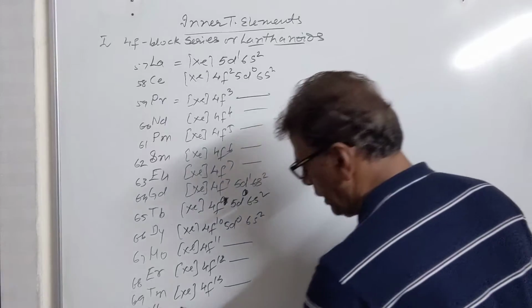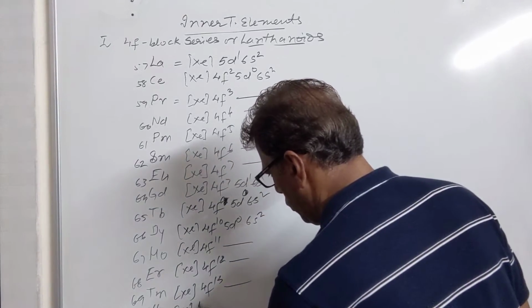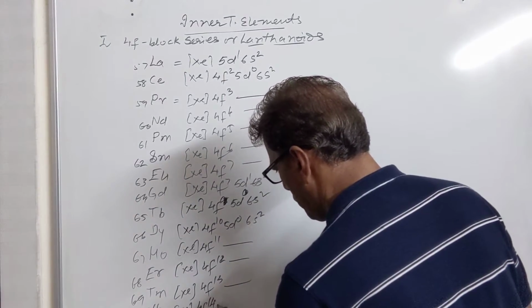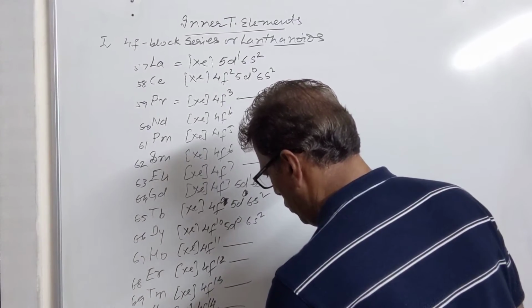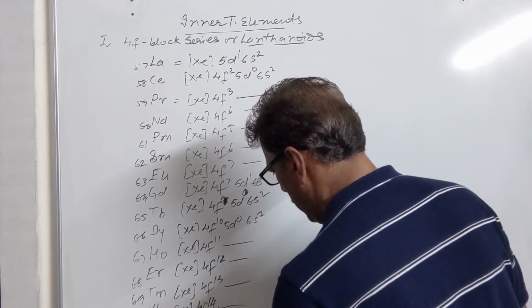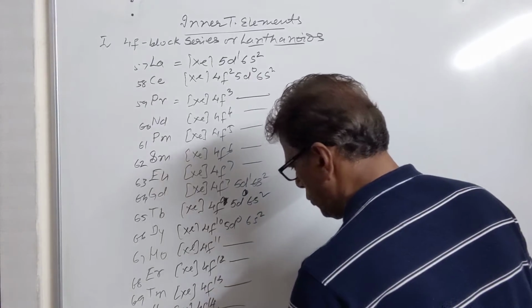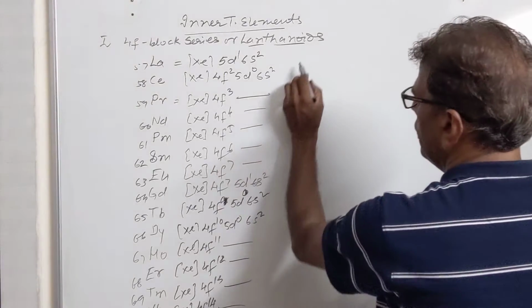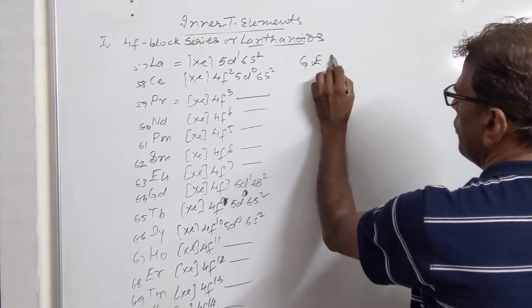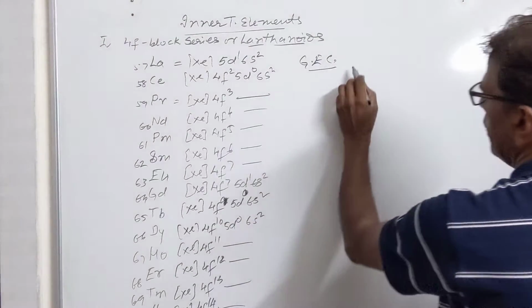Remaining configuration is the same. Here xenon 4f14. Then we have xenon 4f14, 5d1, 6s2.